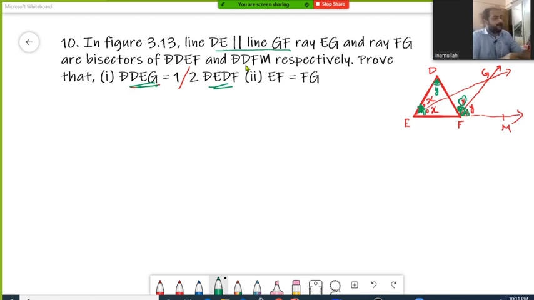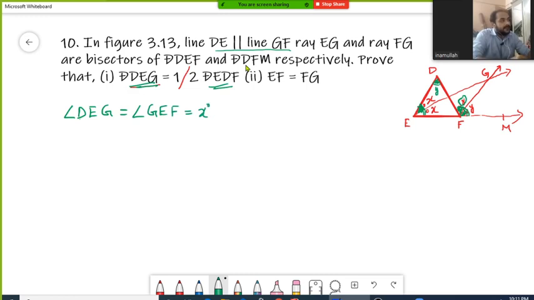I'll start writing this so that you can understand better. Your angle DEG is equal with angle GEF, and each is of x degree.